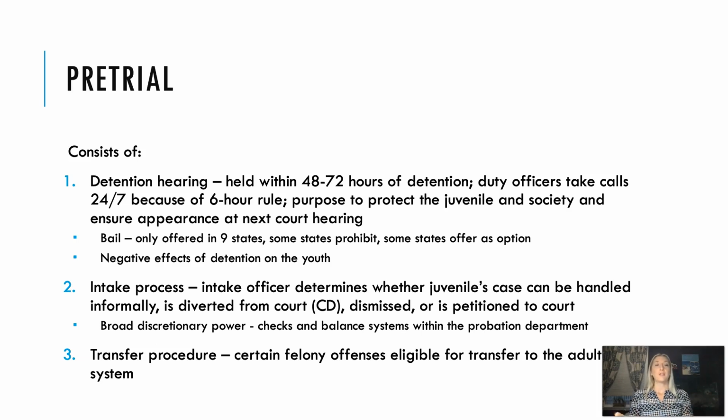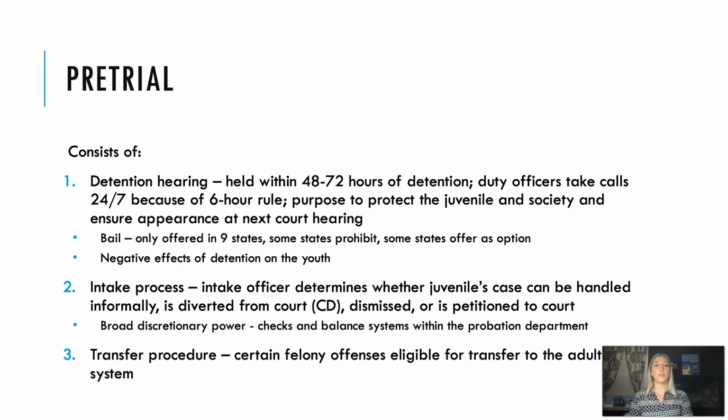So, pretrial. Here's our first step in the juvenile court process. We start with pretrial. This consists of a detention hearing, the intake process, and it can include transfer procedures. So, a detention hearing must be held typically within 48 to 72 hours of a youth being detained in a detention facility.